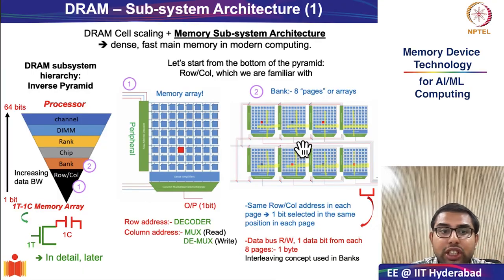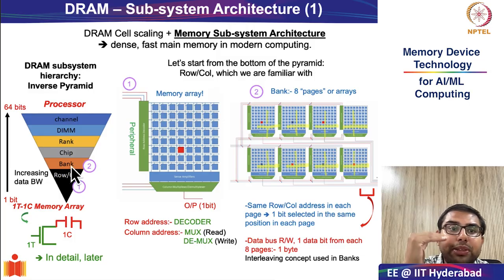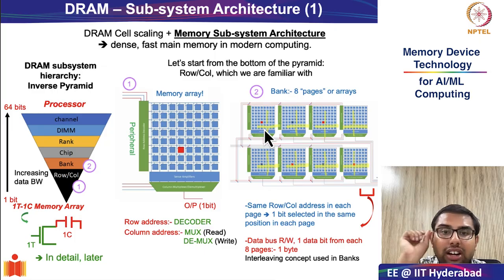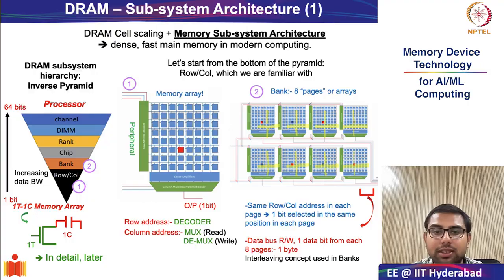One bank, which is the next element of your DRAM subsystem hierarchy, consists of 8 pages or arrays. Since the same row and column address is sent to each of these pages, the same memory element is read out from each of these pages.